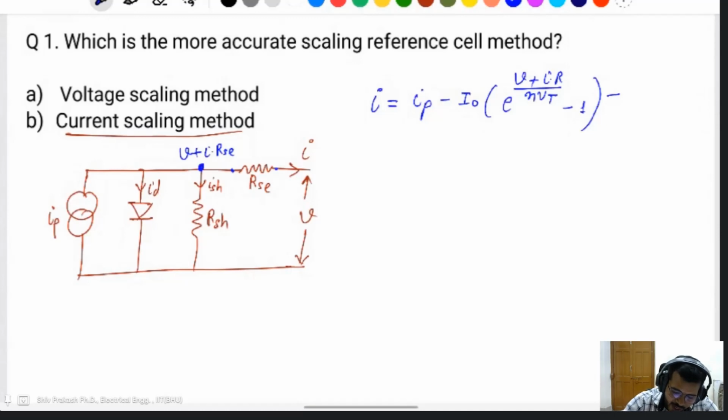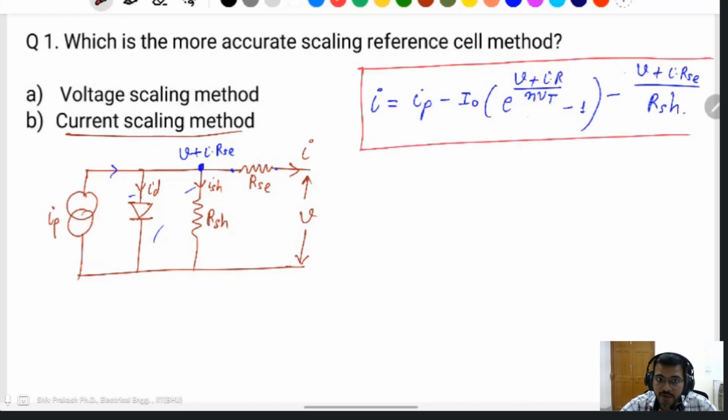This I is equal to this current minus this current and minus this current. This is the diode current, and ISH is the terminal voltage divided by RSH, so (V plus I into RSC) divided by RSH. This is the current expression of any PV cell, where the shunt resistance is very large compared to the series resistance.